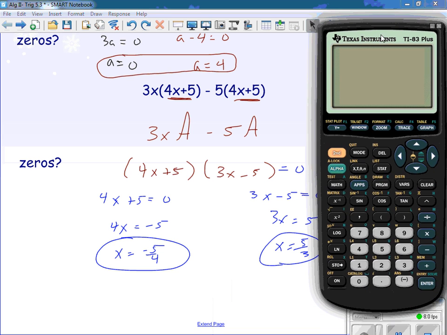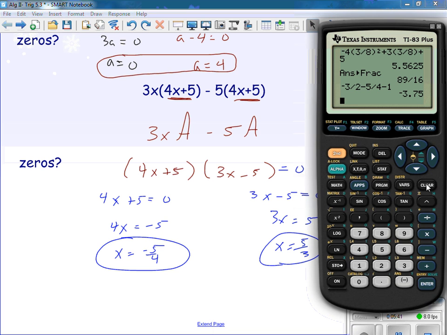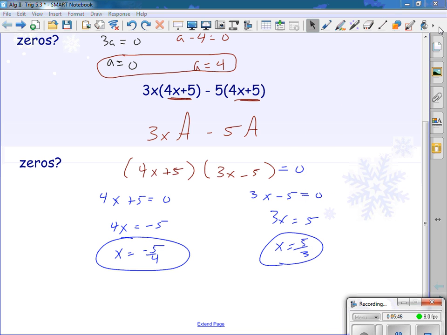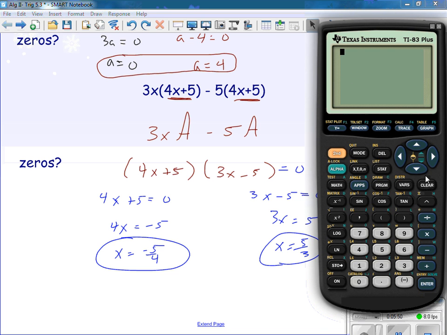I can just show you on the calculator real quick. If I take 4 times negative 5 fourths plus 5, I get 0. So this is 0. 0 times anything is 0.